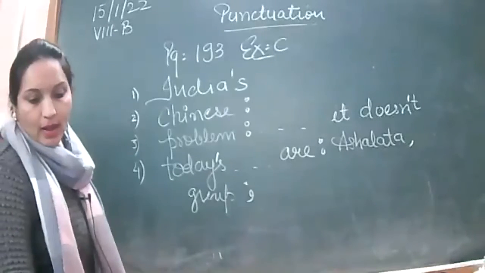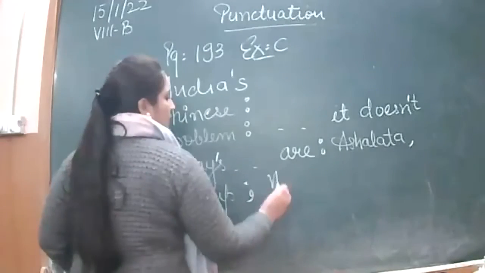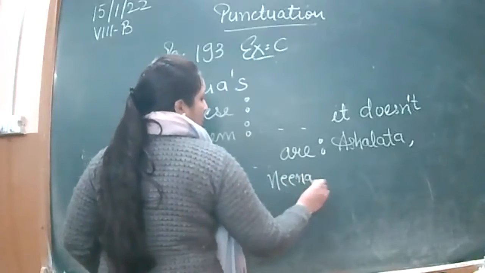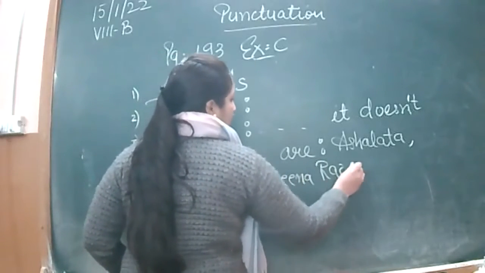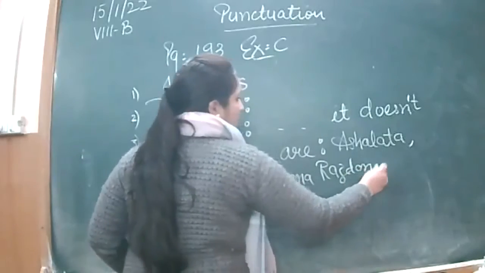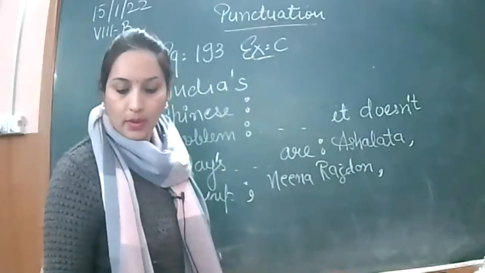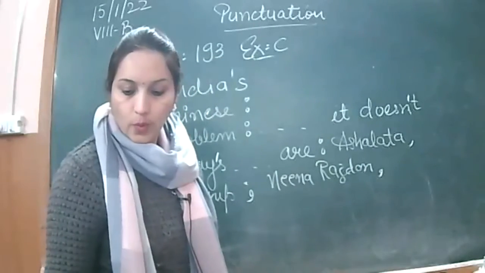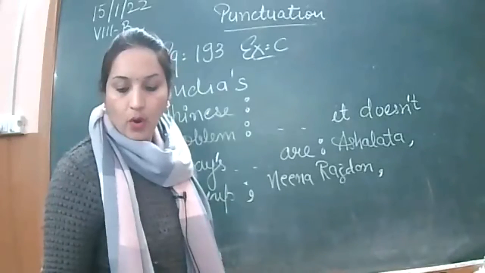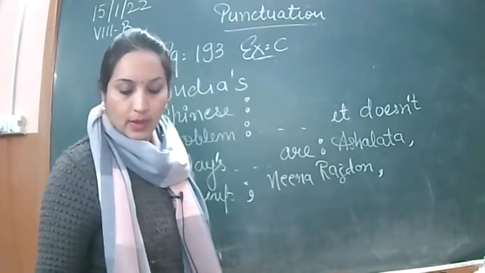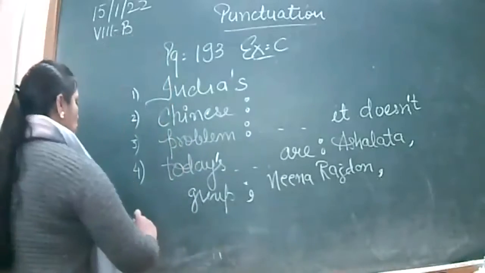Okay. Nina Rajdan. Then what do we use? Nina Rajdan, only a simple comma. The leader of the Allahabad group and Karthik from Cochin. Clear? Now let's do the fifth.